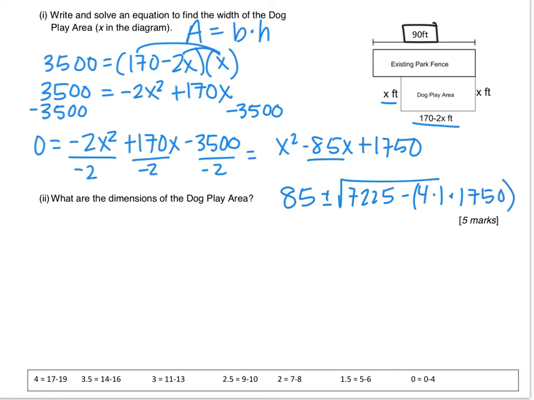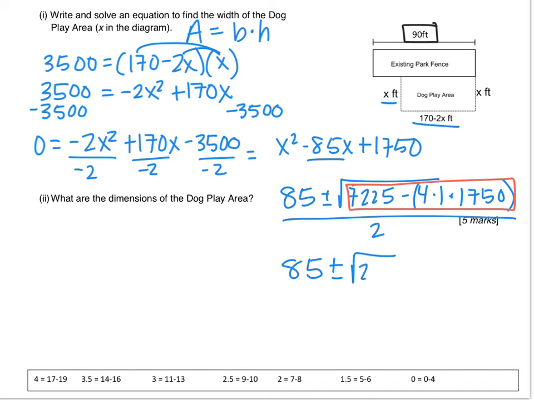So minus 4 times a times c, all over 2a. We're going to put this part into our calculators. And we get 85 plus or minus the square root of 225, all over 2.